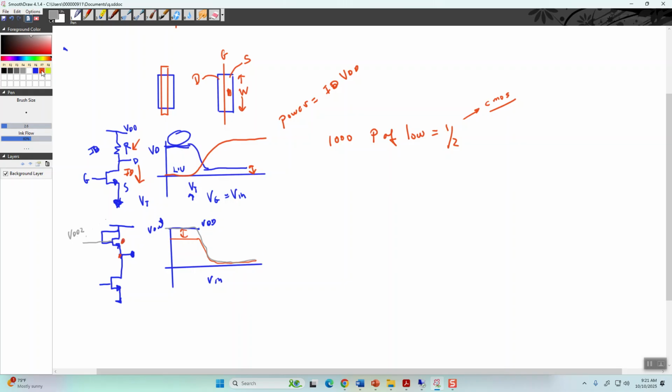But both of these suffer from the same ID drain current issue.